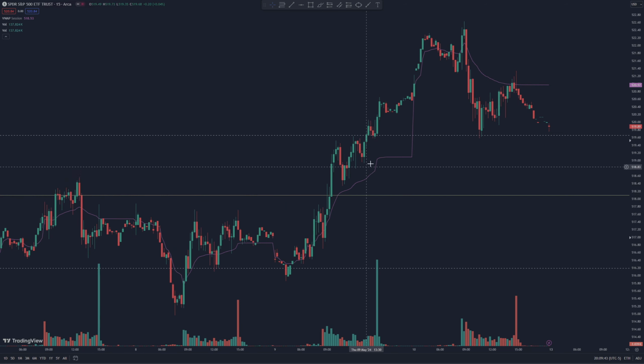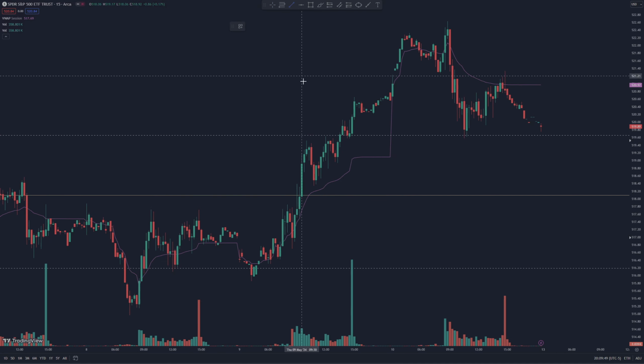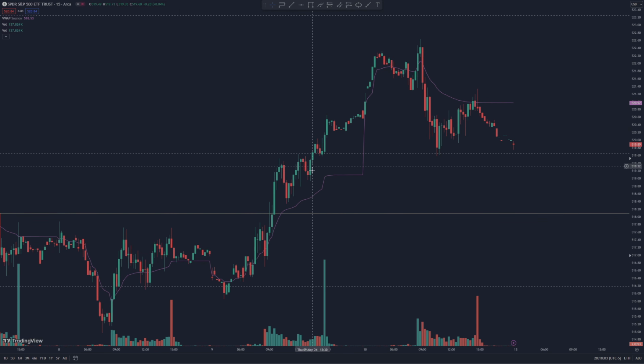Breakout, breakout, breakout. VWAP, hold VWAP pretty good. Breakout support. I like this. Missed that. That's nice. It's a nice chart pattern. Structures.